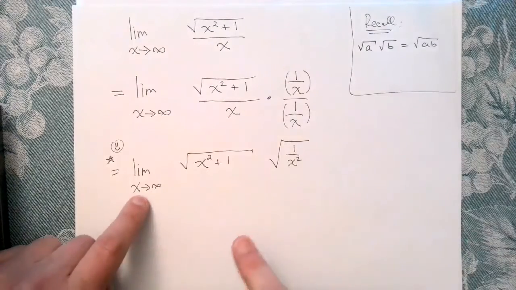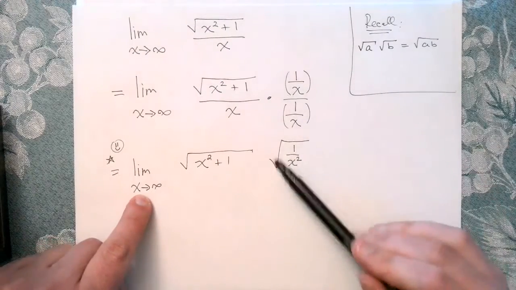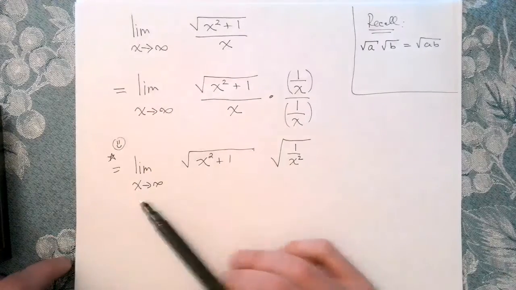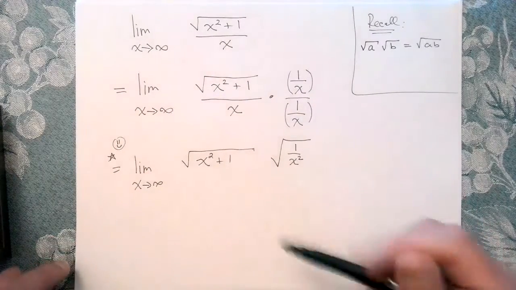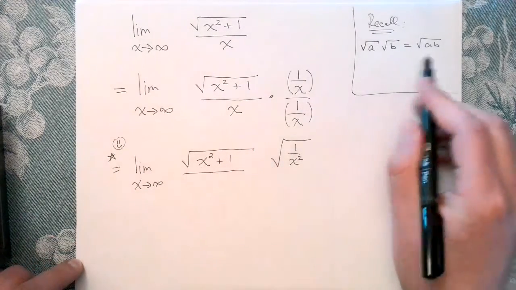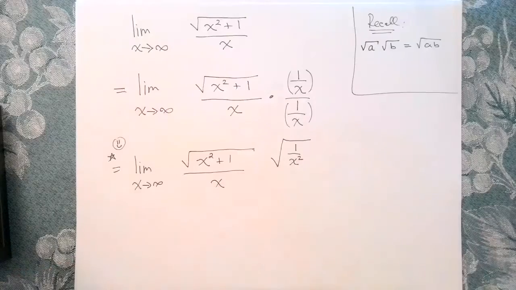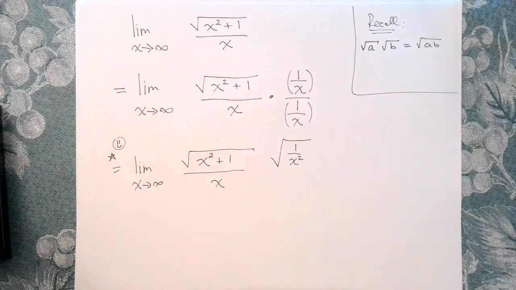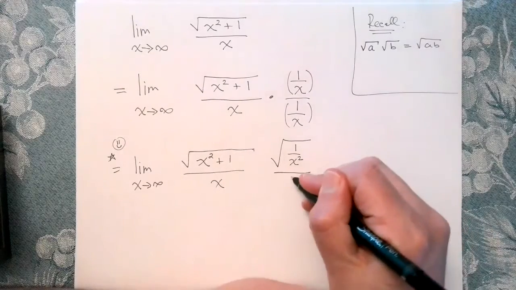As x gets big, this is still equal to this, right? I don't need any absolute values or anything. So as x gets big, this is just fine. This is equal to this, and that sort of solves our square root dilemma, all over 1 over x.